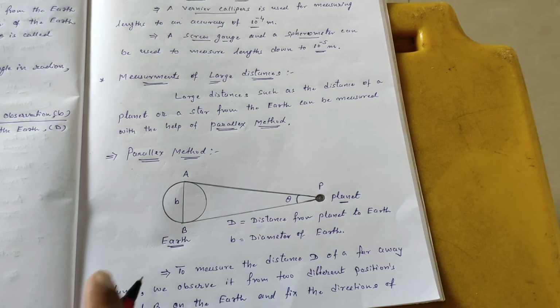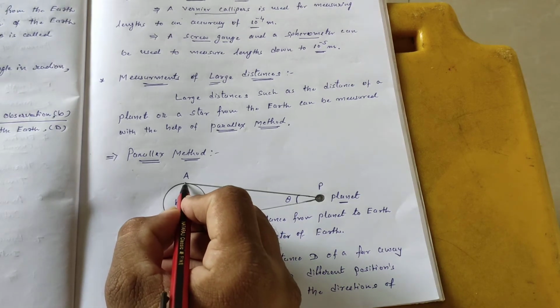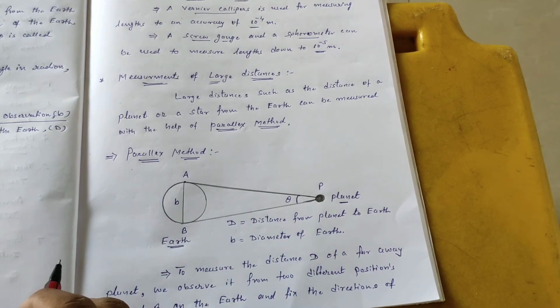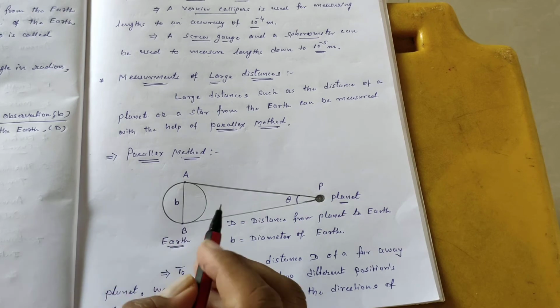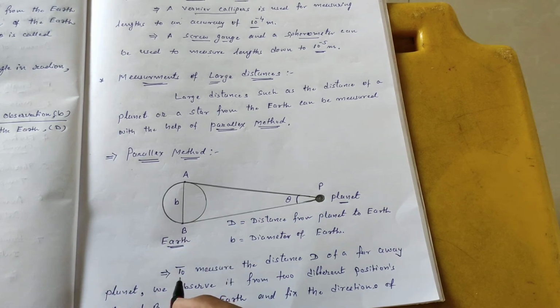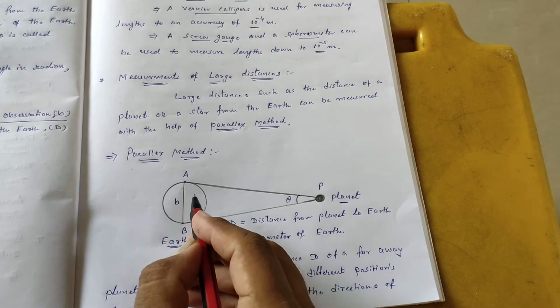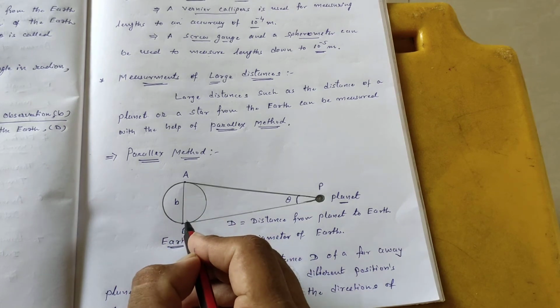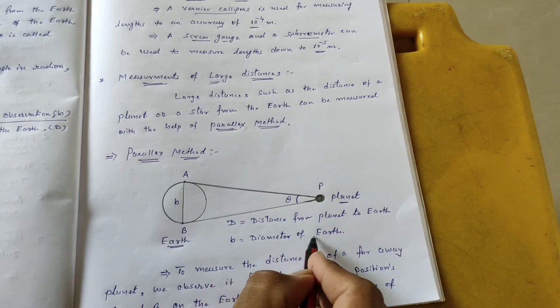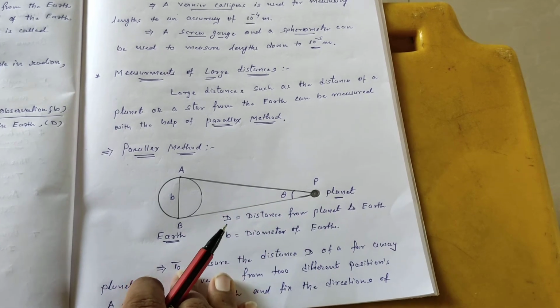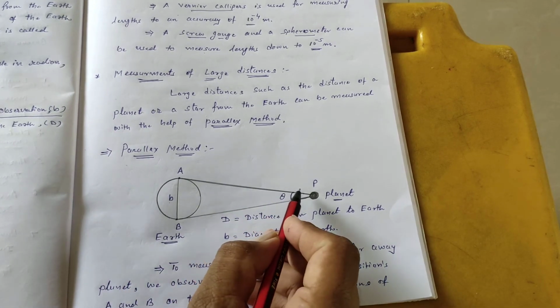At one place, one person is standing; let us consider that person is A. At another point, another person is standing, considered as B. Measuring from A to B, AB acts as a diameter of Earth.